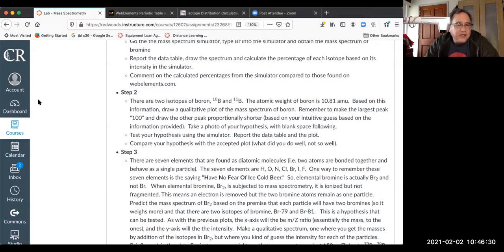Imagine boron 10 and boron 11. So boron 10 has 10 nucleons. How much does it weigh? And the answer is, since each nucleon weighs 1.00, 10 times 1.00 is 10.0. So boron 10 weighs 10 AMU.